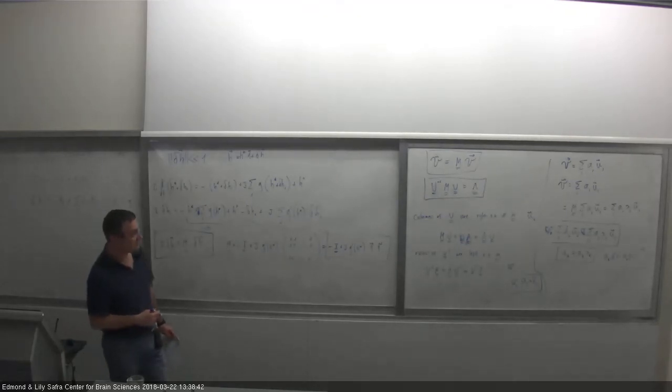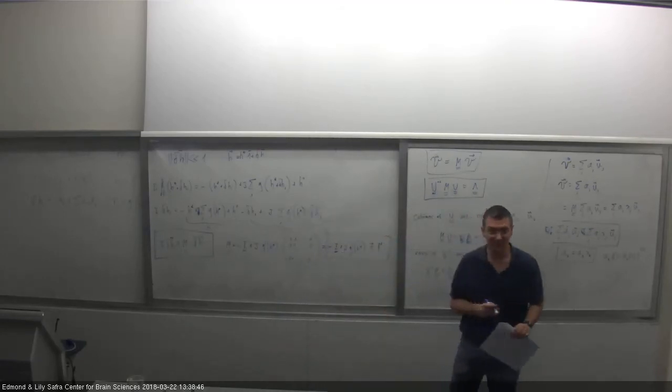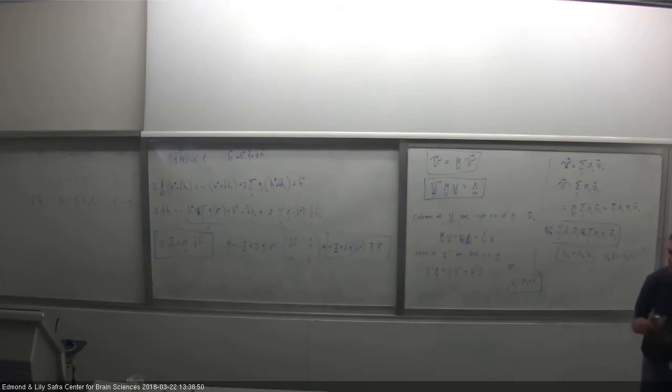So what can we say about the symmetry of this problem and the symmetry of this matrix? It's symmetric in what sense? All the components are the same. So what kind of eigenvectors should we consider? Equal.